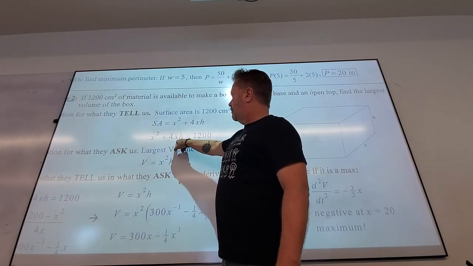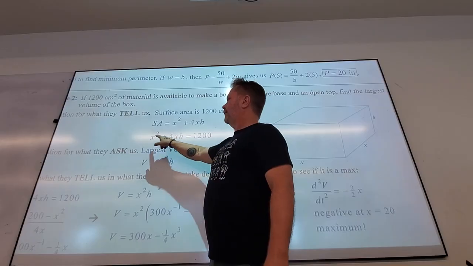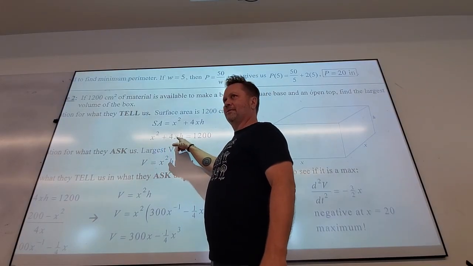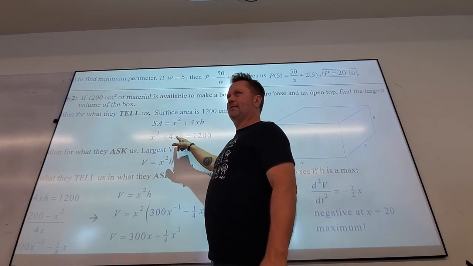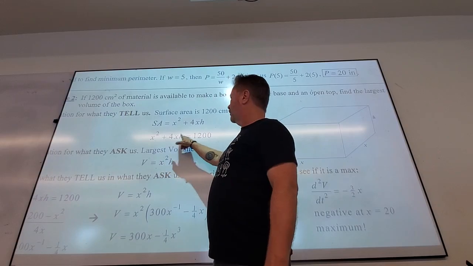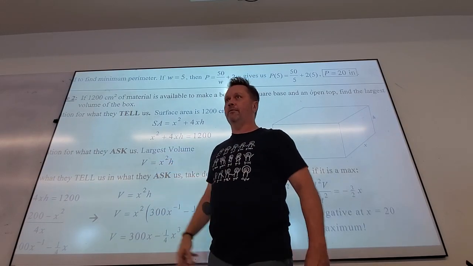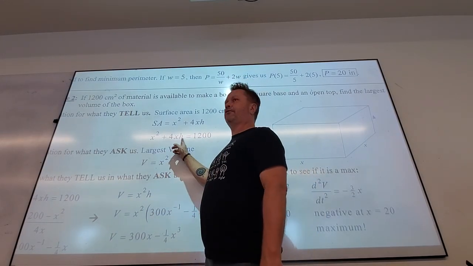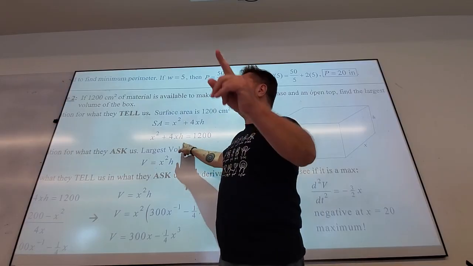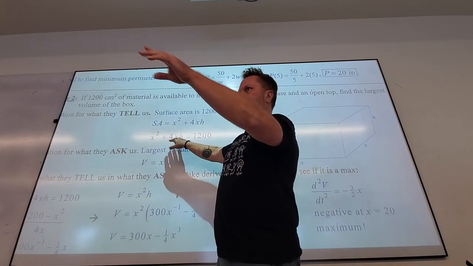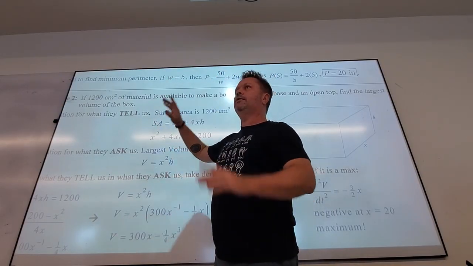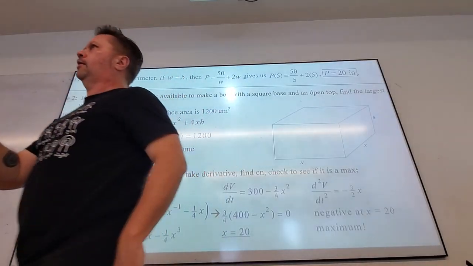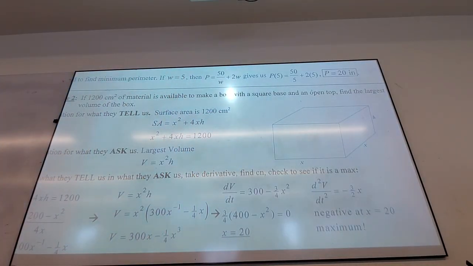And now look, would you want to solve for x? Think about it. If you want to solve for x, you've got to subtract this and use the quadratic formula. Wouldn't I much rather solve for h? It doesn't mathematically matter which letter you solve for.